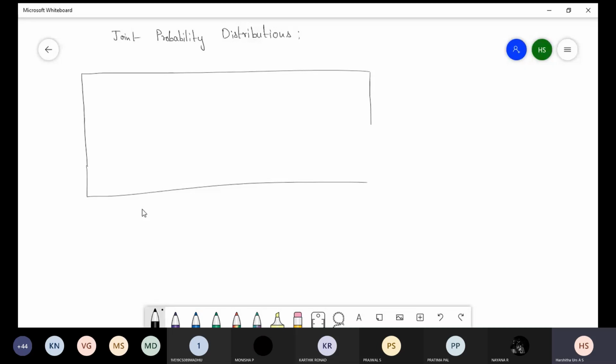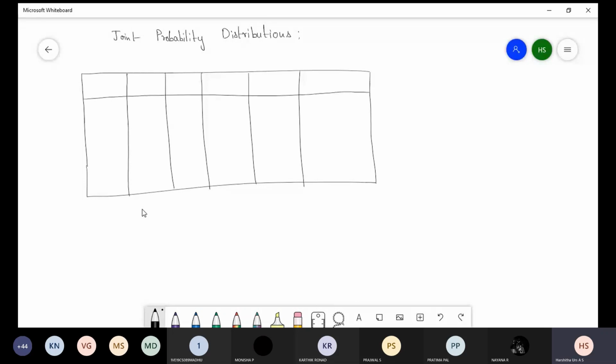According to the table only, we have to solve for the solution. Here I mentioned x and here I mentioned y. This side it is towards y and this it is towards x.